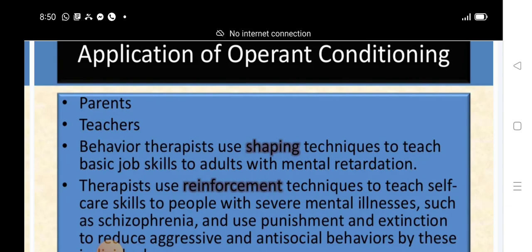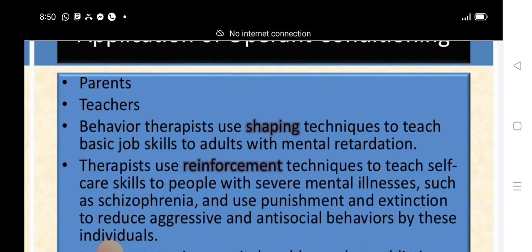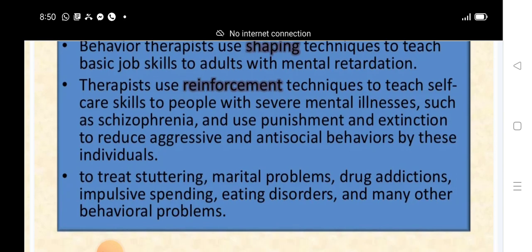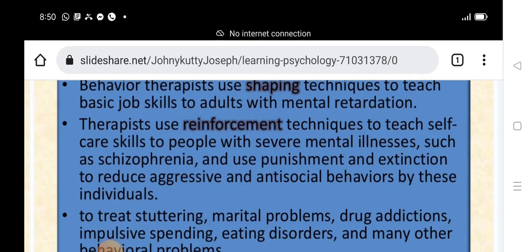Therapists also use reinforcement techniques to teach self-care skills to people with severe mental illness, such as schizophrenia, and use punishment and extinction to reduce aggressive and antisocial behaviors by these individuals, to treat stuttering, marital problems, drug addictions, impulsive spending, eating disorders, and many other behavior problems.